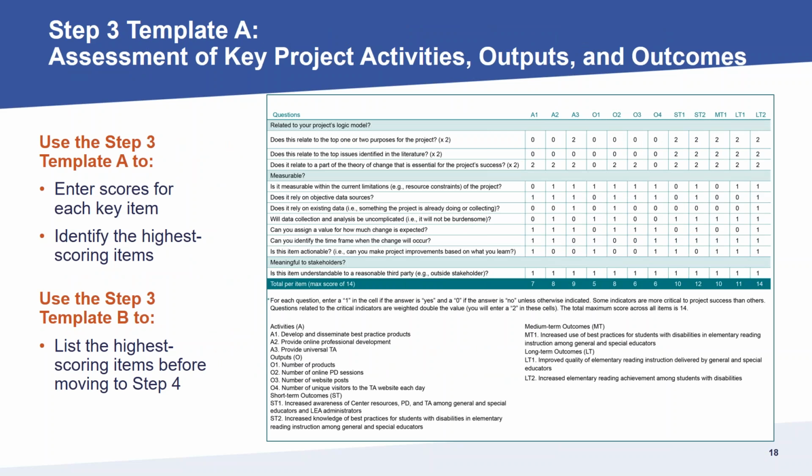Now let's look at the tools in the guide. I refer now to Step 3 Template A. It will be automatically populated from your Step 2 work. Step 3 Template A is the assessment of key project activities, outputs, and outcomes.